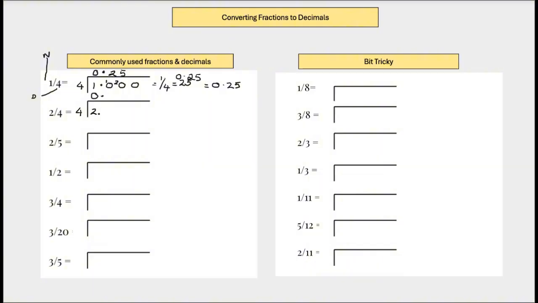Put the decimal point. So we know 2 has got to go over to there. So 4 into 20 goes 5 times. So we know that 2/4 equals 0.5. 0.50, 0.5, whatever you want to say.